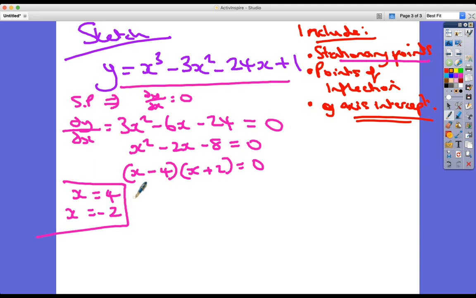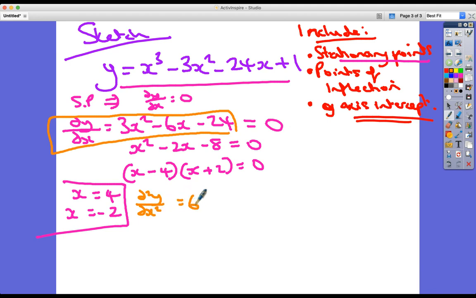Now, my next thing that I'm thinking, I'm going to decide on the nature of the stationary points. I'm going to find that out using the second derivative. Here's the first derivative. So the second derivative, d squared y by dx squared, is going to be 6x minus 6. And now if I put those values in, the 4 and the -2, I'm going to find whether or not the value of the second derivative is positive or negative. So first of all, x equals 4.